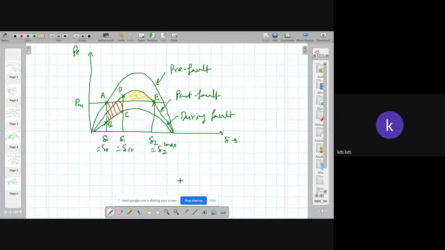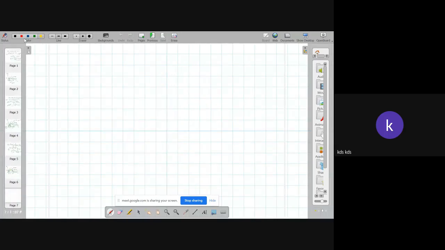Applying the equal area criteria, we can equate the two areas, the accelerating area and the decelerating area. The accelerating area is from delta naught to delta critical of PM minus P max 2 sine delta d delta, where P max 2 is during fault.